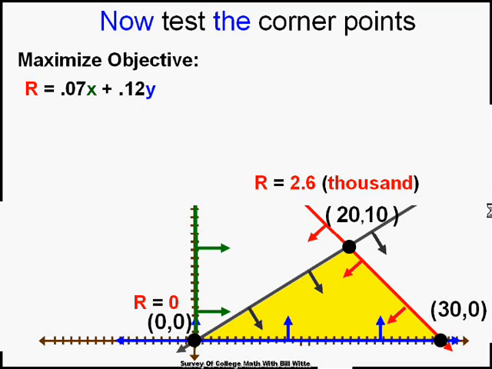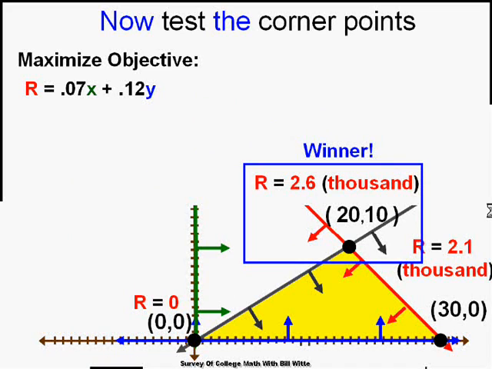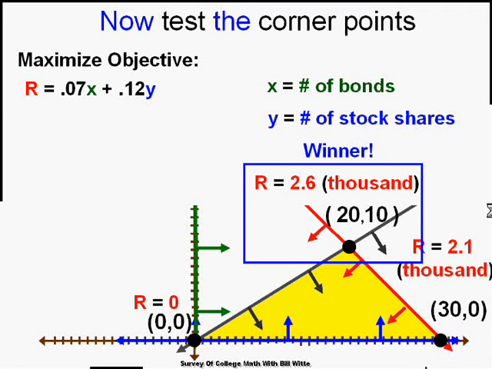Actually, it's going to be 2.6, but we remember we're counting in thousands. Okay? And at this point, 30 and 0, it's going to be 2.1. Well, we have a clear winner at the point 20, 10.